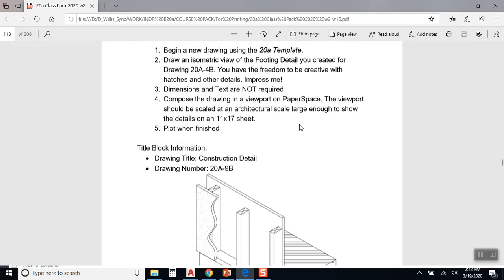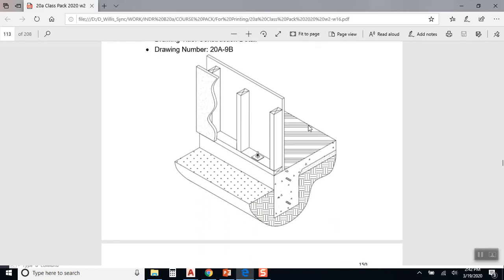And again, it's nice to draw things that we're familiar with. So look, this is our footing detail, isn't it? If you would like to create an isometric drawing of it, like I did here, then go for it, right?